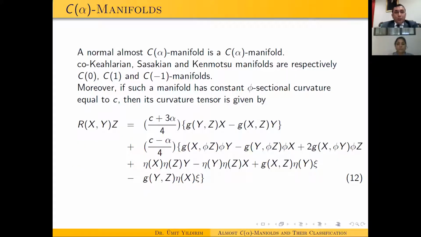A normal almost C alpha manifold is a C alpha manifold. This is important. I repeat, a normal almost C alpha manifold is a C alpha manifold.